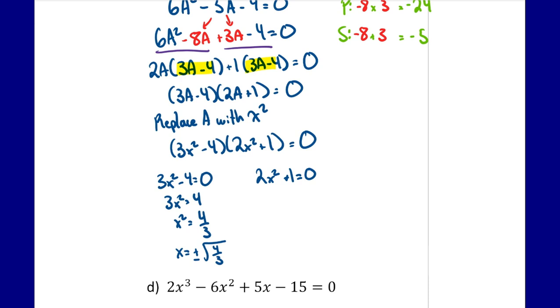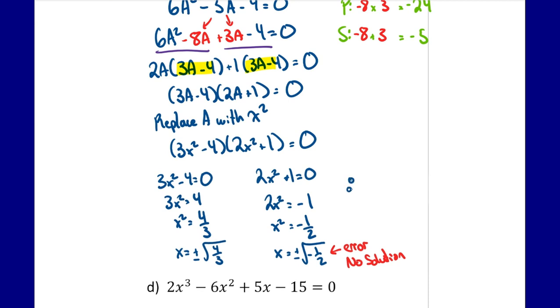We do the same thing for the next one. Move over everything except for the squared term, and then deal with the squaring. So we get x squared equals negative 1 over 2. X equals plus or minus the square root of negative 1 over 2. However, we should recognize that if I try to take the square root of a negative number, there's an error, there's no solution, because I can't take the square root of a negative.